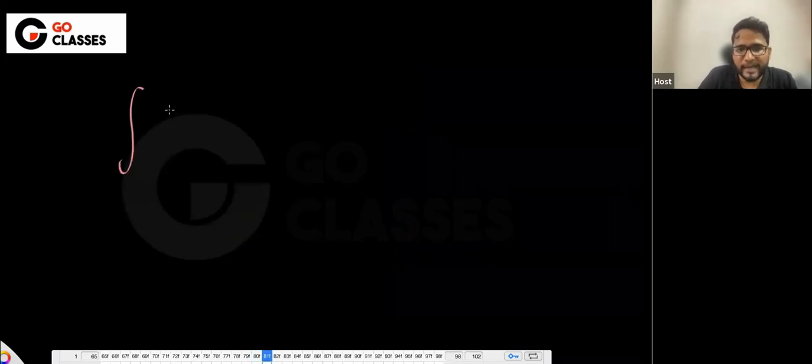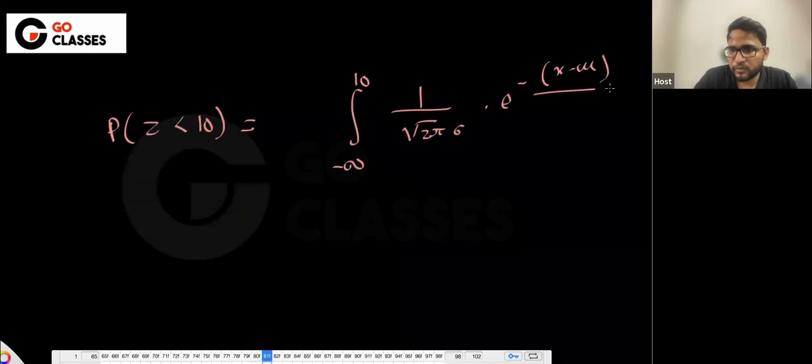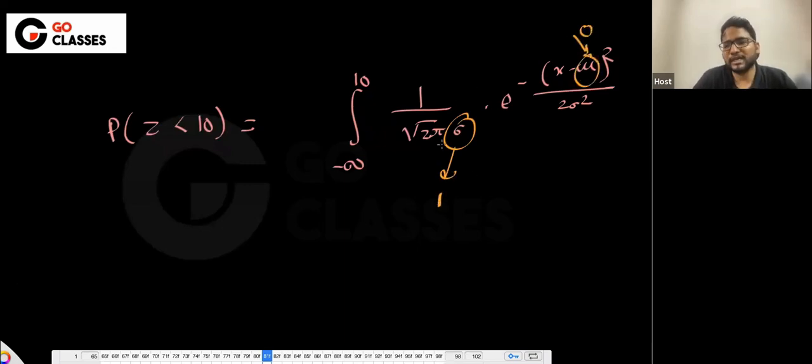Let's suppose Z is less than 10, then it will be the integral from minus infinity to 10. The formula is 1 upon square root of 2 pi sigma into e power minus (x minus mu) square upon 2 sigma square. So for Z, sigma is fixed to be 1 and mu is fixed to be 0.